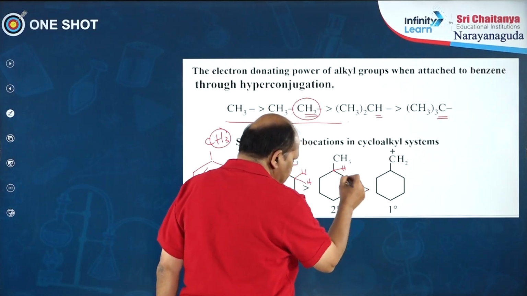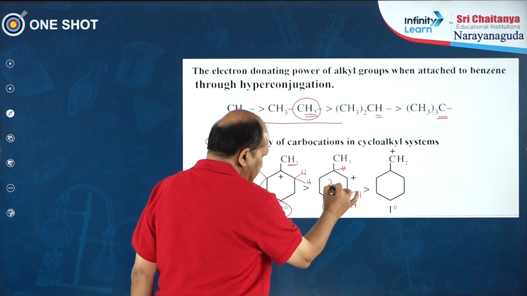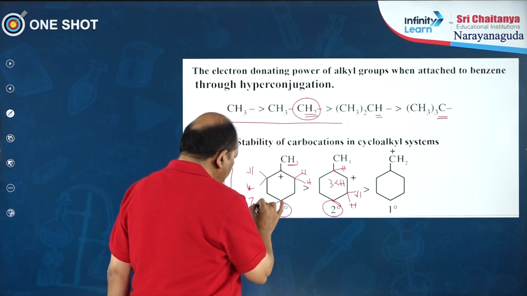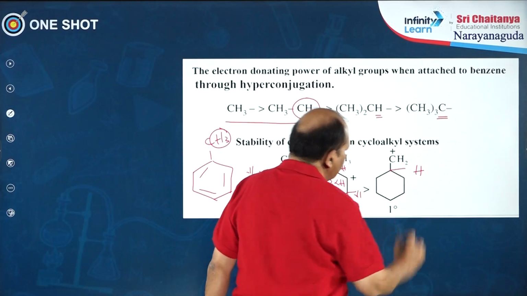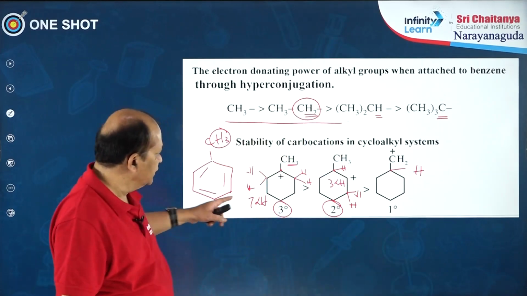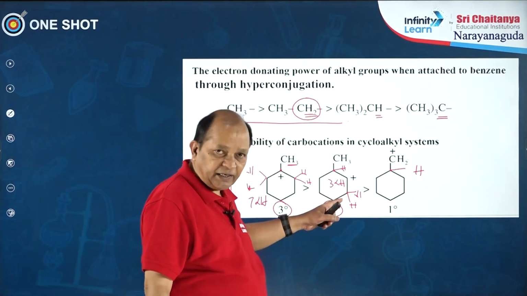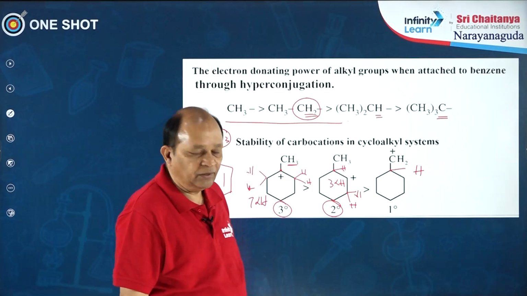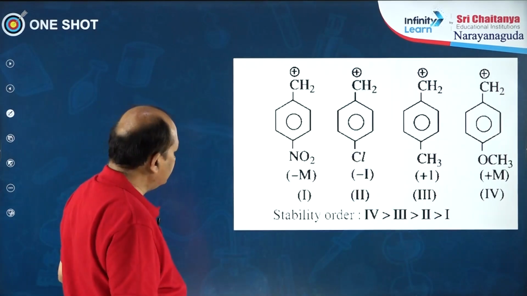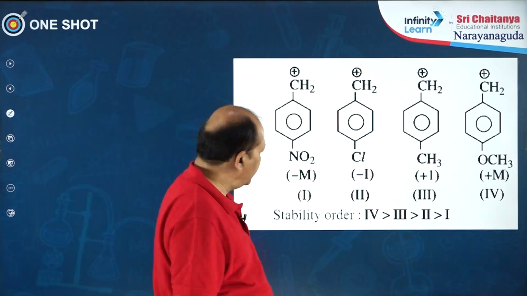So in the secondary carbocation there are only three alpha hydrogens, here seven alpha hydrogens, and in this one there is only one alpha hydrogen. Therefore, the order is: the tertiary carbocation is more stable than the secondary carbocation, which in turn is more stable than the primary carbocation. Okay.